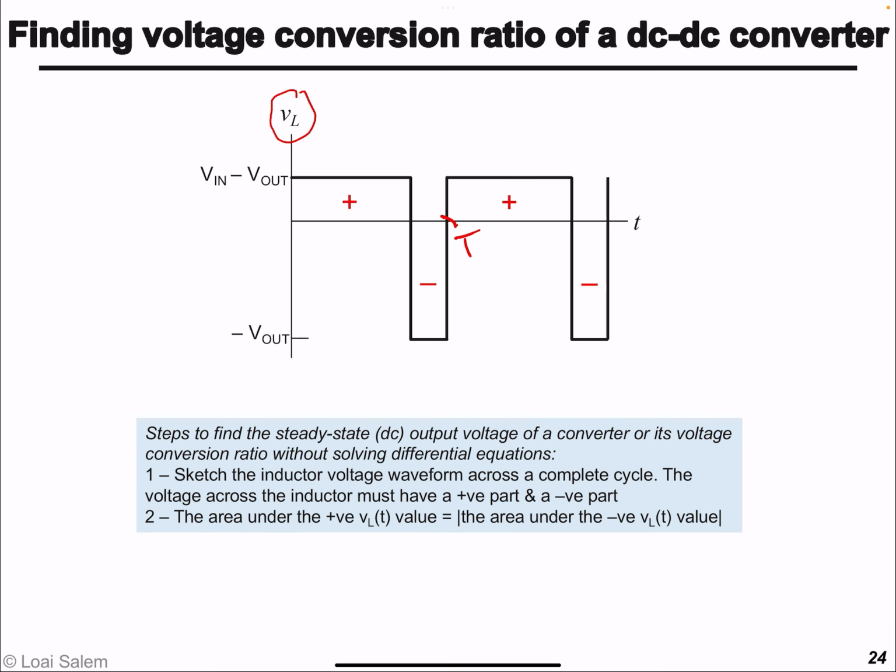And then we apply the principle of inductor volt second balance, which states simply that the total area under the inductor voltage over one complete cycle is equal to 0, or essentially over one cycle the positive area under the inductor voltage is going to equal the negative area. And from this condition, we can get the voltage conversion ratio of a power converter.